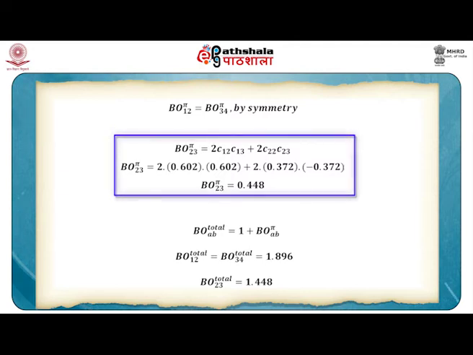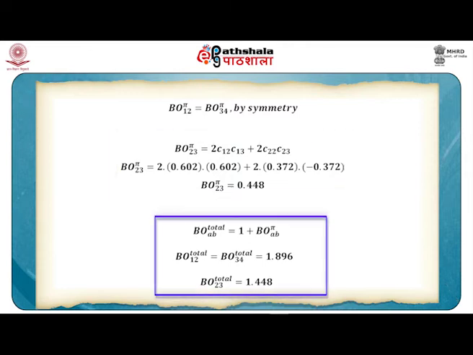0.448. Now please remember that in these calculations we have calculated the pi bond order, but there is also a sigma bond between any two adjacent atoms. Therefore, if we have to calculate the total bond order between two atoms, this will be sigma bond order plus pi bond order. So the total bond order between carbon atoms 1 and 2 would be equal to 1.896.